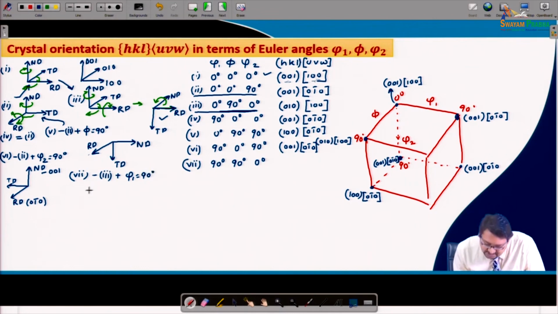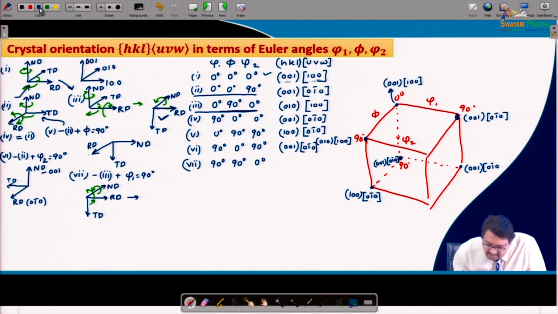So, let us take this one. So, we will write ND and this is RD and this is TD, and so this is after the phi rotation along RD, and thereby if we give this phi 1 rotation along ND, which is by the opposite of right hand thumb rule, then RD goes up and TD goes to RD.